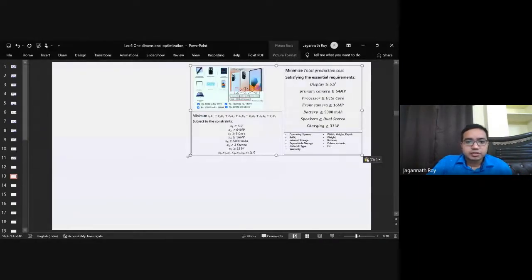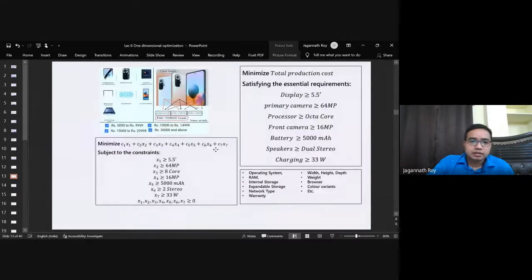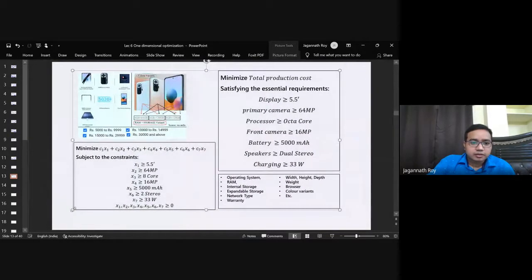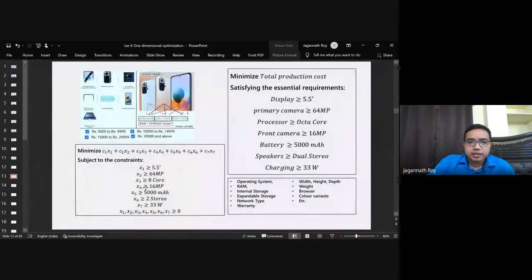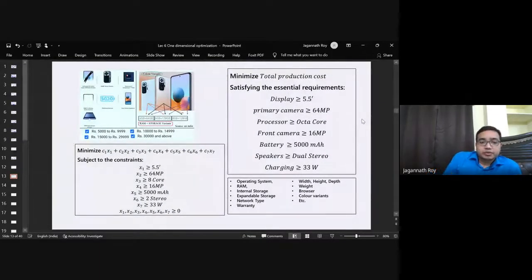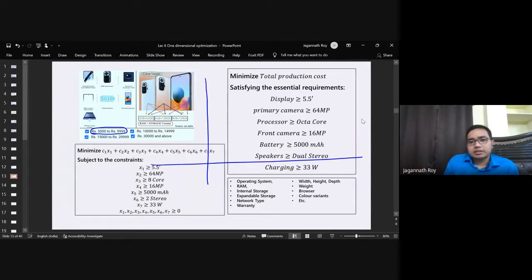If you remember this example, as a product designer or smartphone manufacturer, your local solutions are those you are actually dividing. This is your x axis and y axis.